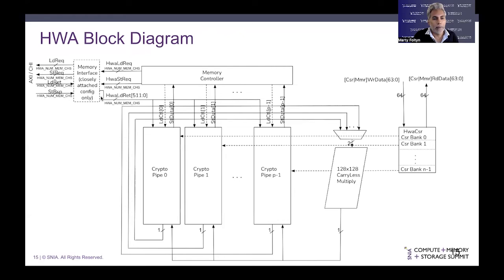This dotted block is just for a closely attached interface, and it's not needed for tightly attached, where load requests, store requests, and returns would be in the same format as the CPU requires. The only other block that's shared is this carryless multiply, which is needed for the AES GCM encryption and decryption, and it's not in the critical path, so we decided to just share it across pipes.